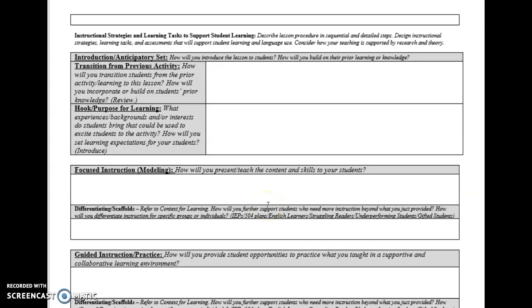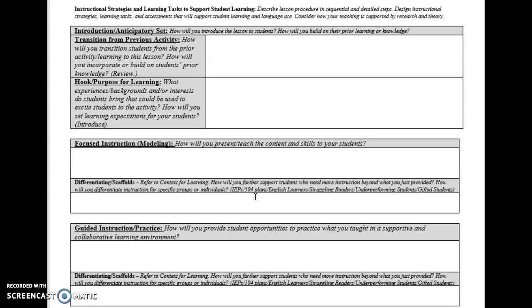Focused instruction is modeling, so basically it is what you're doing to establish what's expected of the students. So you can begin by writing down a sort of thesis and explain it to students. So you're modeling what is expected of them to do.